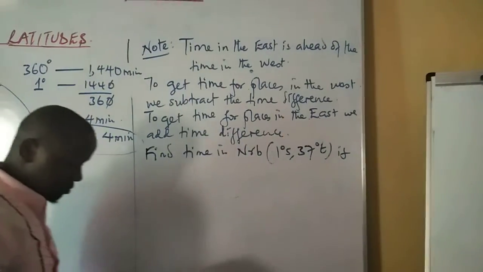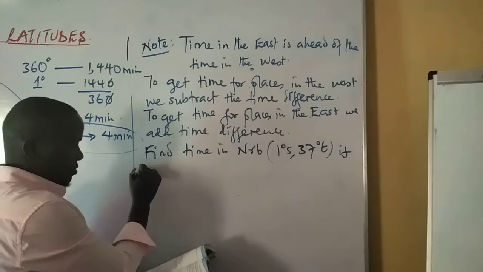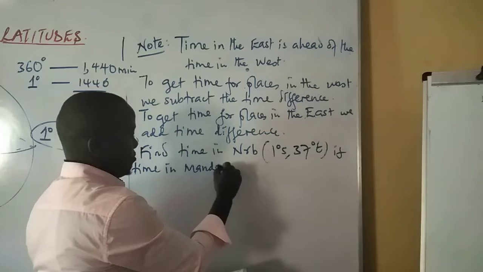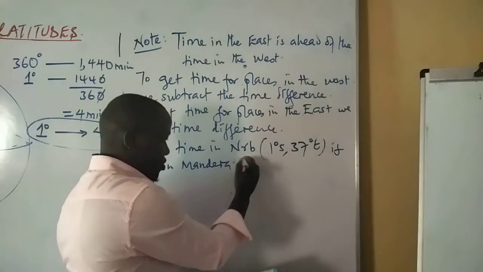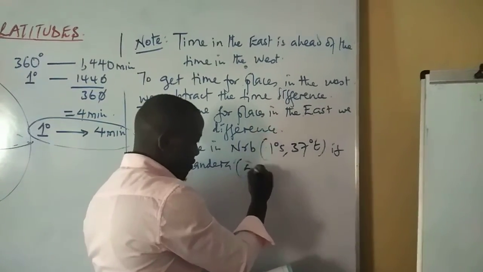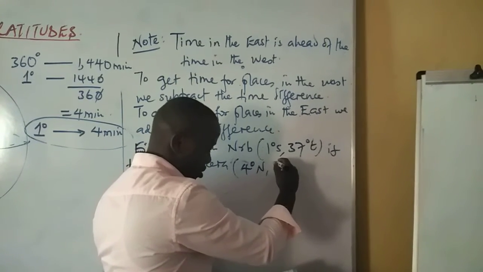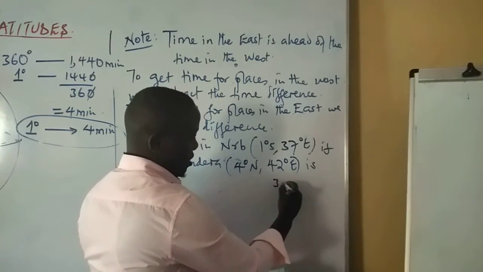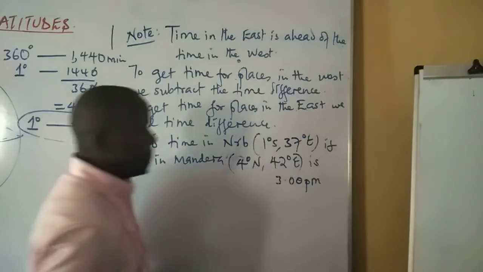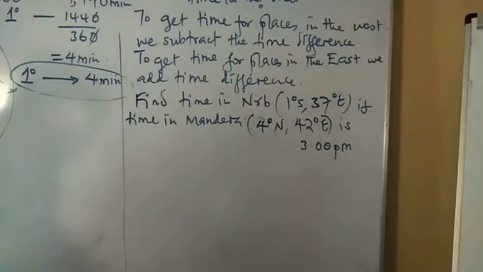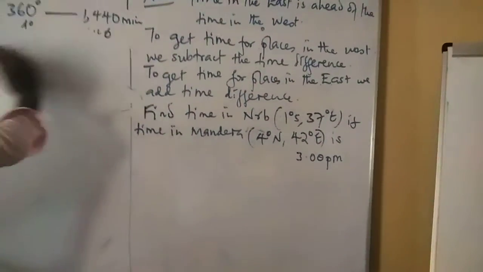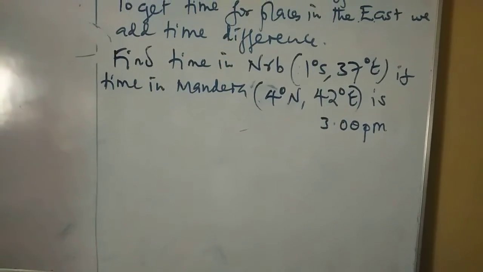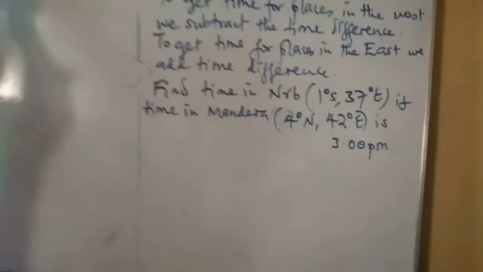If the time in Mandera, which is 4 degrees in the north and 42 degrees in the east, is 3 p.m., like that. Therefore, the time in Nairobi and the time in Mandera are being compared. We can get the solution for that.